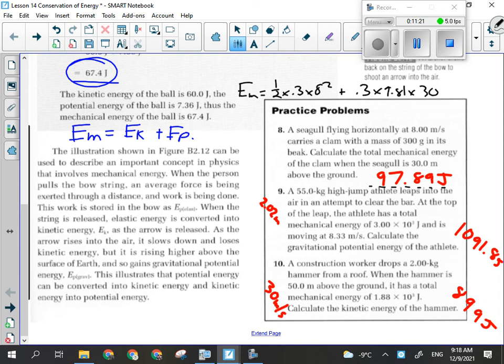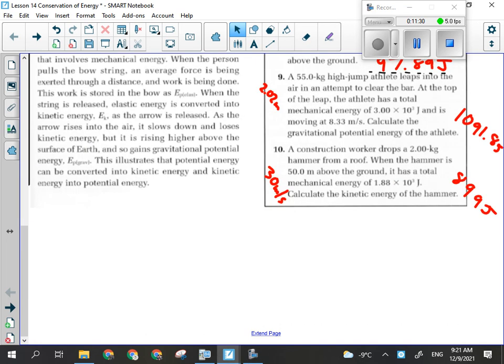Okay, how many people are still working on number 2? Okay, so for number 2, we've got the high jumper. Okay, and the stuff they give us here is they give us the mass, 55 kilograms.